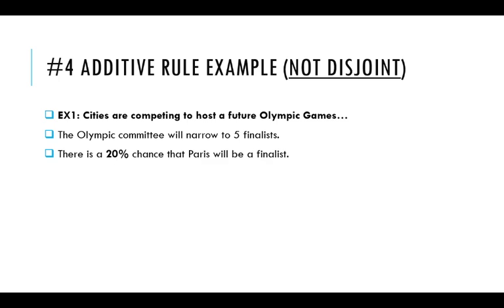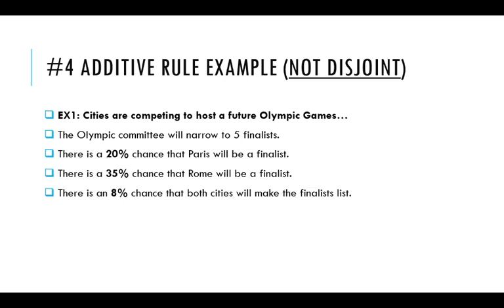That's their plan. And there's a 20% chance that Paris will be a finalist, and there's a 35% chance that Rome will be a finalist, and there's an 8% chance that both cities will make it to the finalist list.